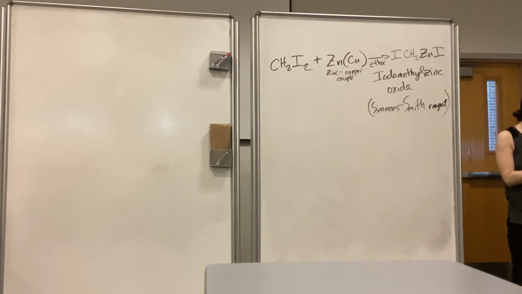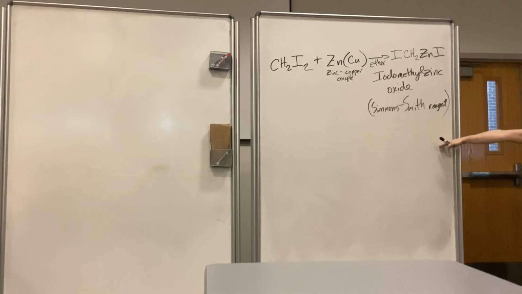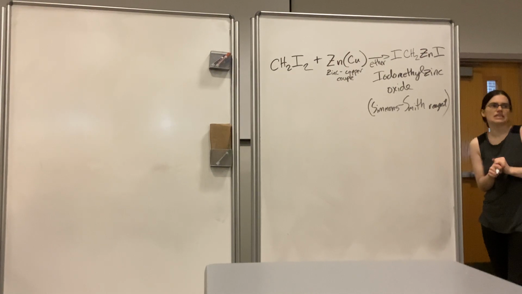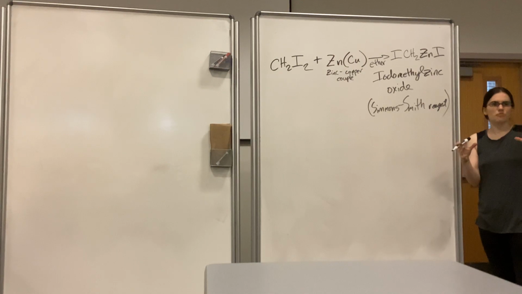So we're going to get that, and this is an example of a carbenoid. So a carbene has 6 valence electrons and acts as an electrophile. This is a carbenoid. So basically, it's a thing that acts like a carbene, but you never actually end up with a carbon without a full valence shell around it.